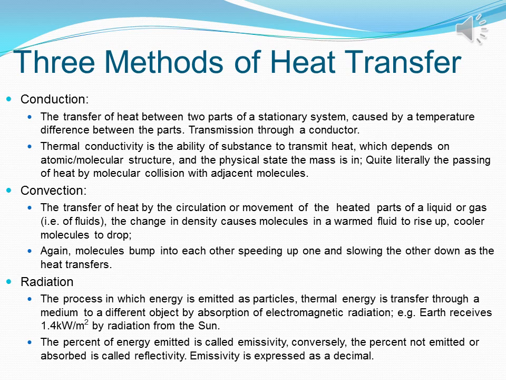Thermal energy is transferred through a medium to a different object by absorption of electromagnetic radiation, such as the Earth receives 1.4 kilowatts of energy per meter by radiation from the sun. So the radiation, the percentage of energy emitted, is called emissivity. It's the process of emitting.